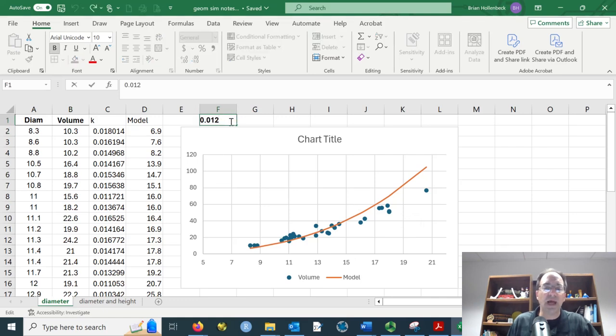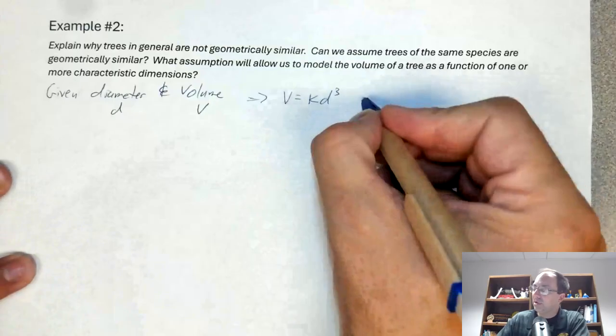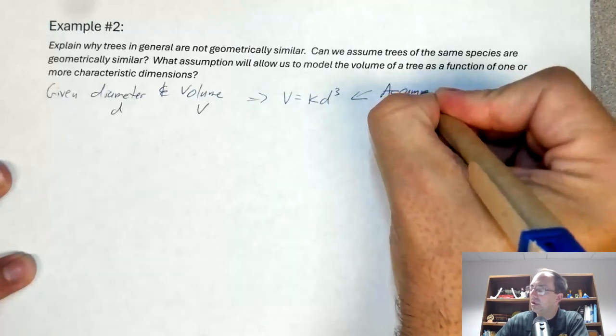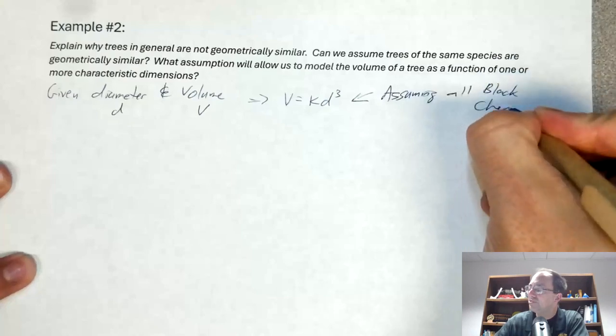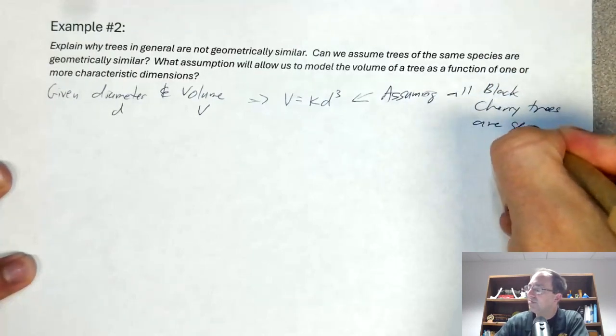So if it was me, I would probably pick 0.011, but I'm still not satisfied with this model because there's definitely a trend to the residuals. So let's go back to our original assumption and see if we can do better. So keep in mind, this was assuming that all black cherry trees are geometrically similar.